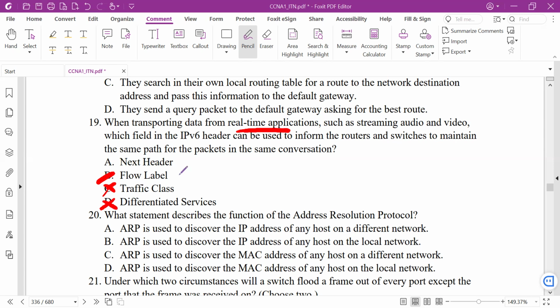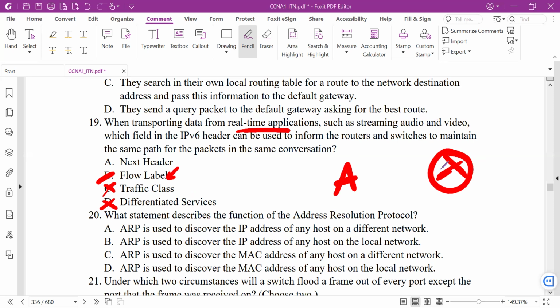The flow label is just a label on those packets. So if we are streaming a video A, then we label every packet as video A. We are labeling to say this packet belongs to A. That is the flow label. Now what happens when the packet arrives at the router?